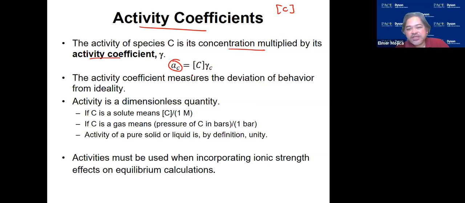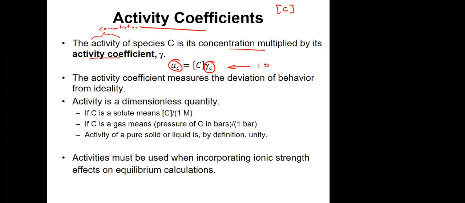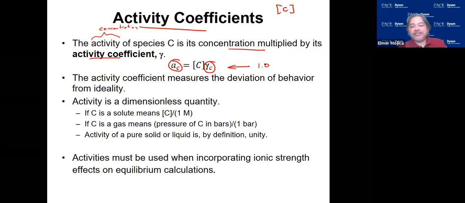In the chemistry courses that we have taken, usually we relate activity to concentration. And in that case, we assume that the activity coefficient is equal to what? Anyone? 1. Because if we say activity is equal to the concentration, it's just concentration times 1.